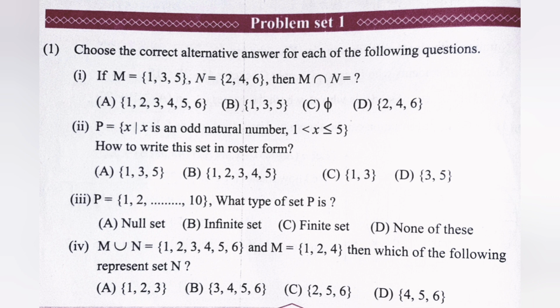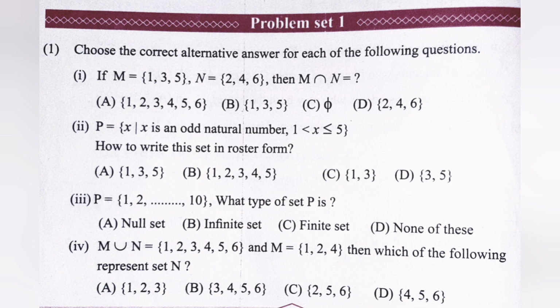The first MCQ gives one set M with elements 1, 3, 5, and set N with elements 2, 4, 6. Then we have to find M intersection N. So now we will compare the elements of M and N and find the common elements in both of them.